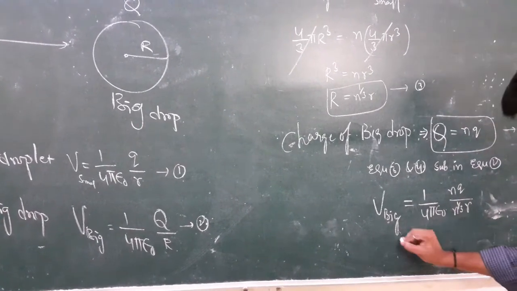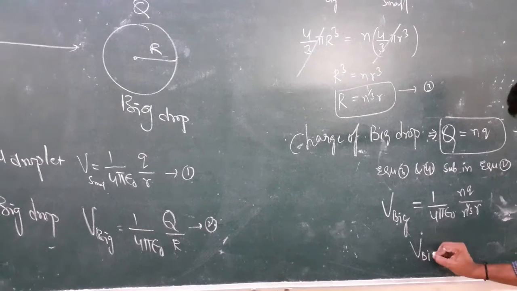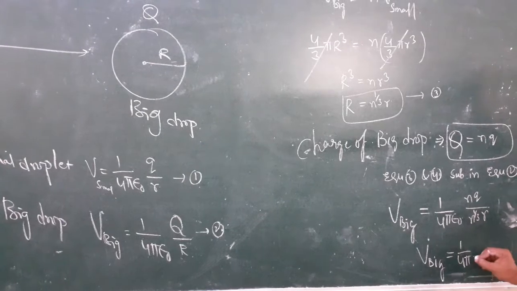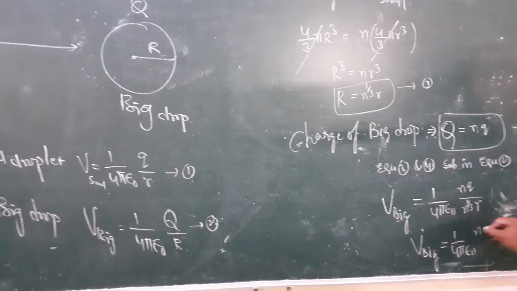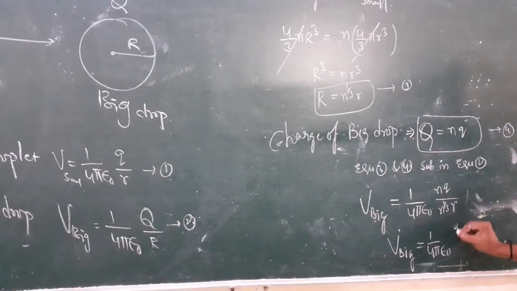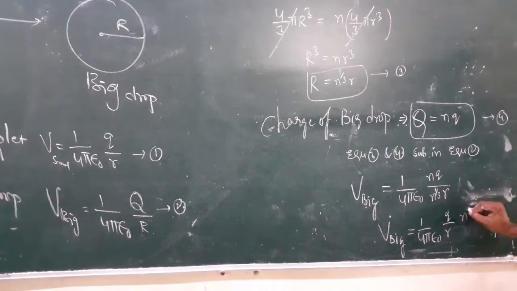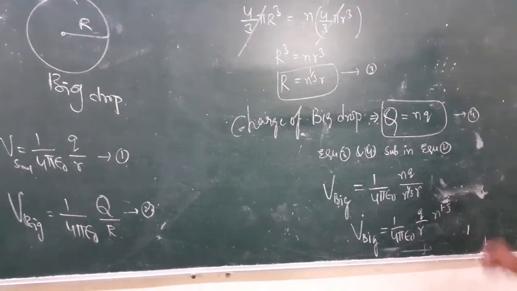Therefore it is equal to 1 by 4 pi epsilon naught q by r into n to the power of 1 minus 1 by 3.